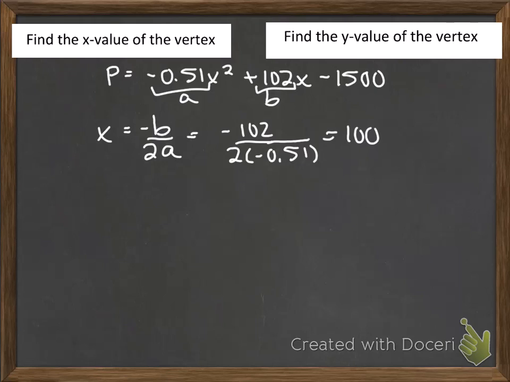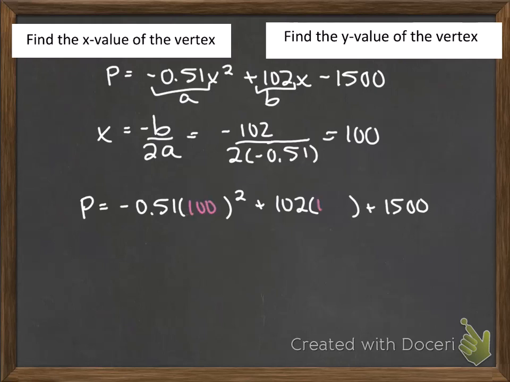So the x value of the vertex is 100. Now we have to find the y value. We do that by simply substituting 100 wherever I see x in the equation, and then solving for our p, our profit. So I'll put 100 here and 100 here, and then let's see what we get. As you can see, I've done the math here, and I have a profit of $3,600.